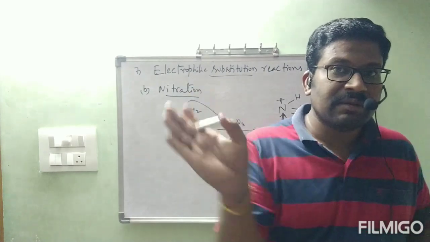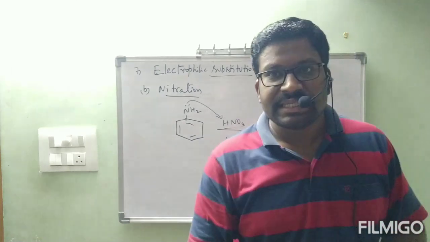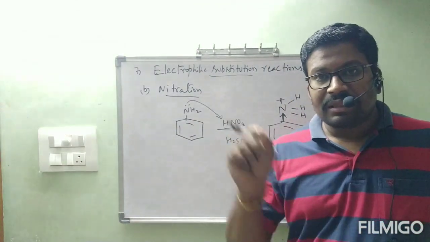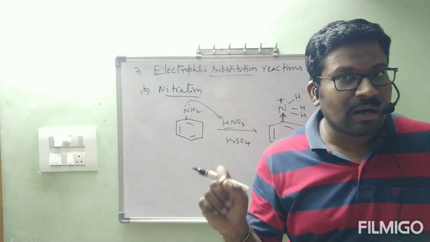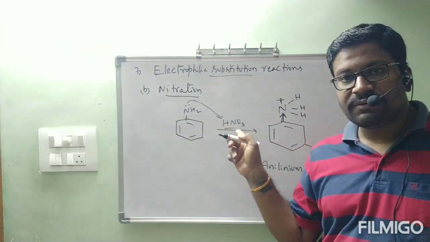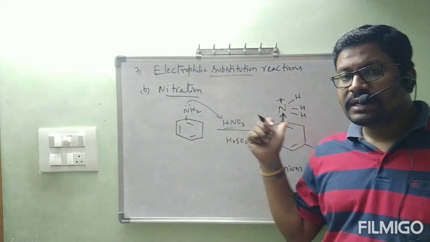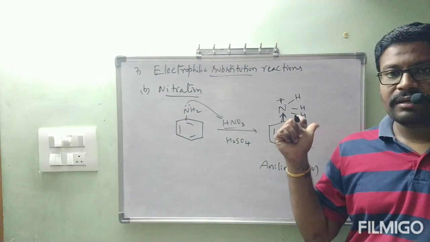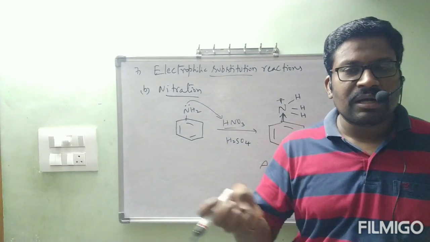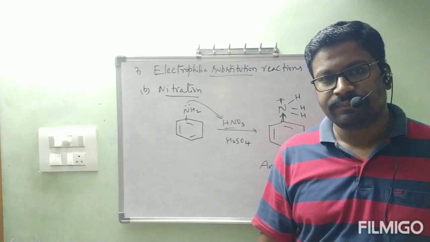After that, H plus ion is removed from the anilinium ion and it is again formed as aniline. This is the reason we got that much meta product: aniline is like a base, and HNO3 acts like an acid. Because of this electron donation, we get anilinium ion, and this anilinium ion NH3 plus acts like an electron withdrawing group. This is the reason we got a considerable amount of meta product also.